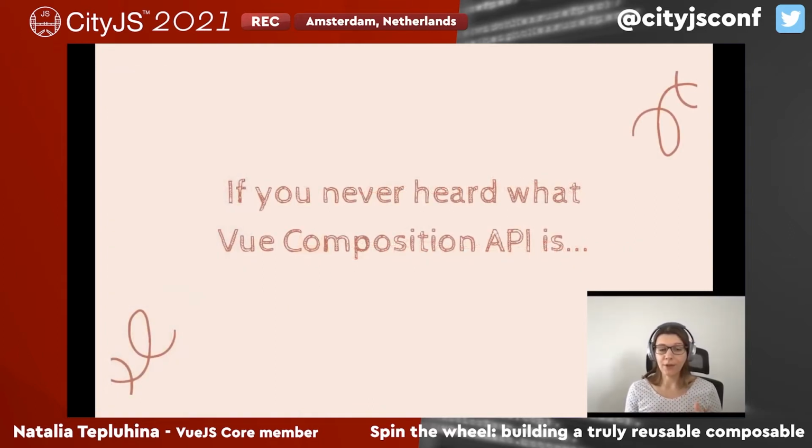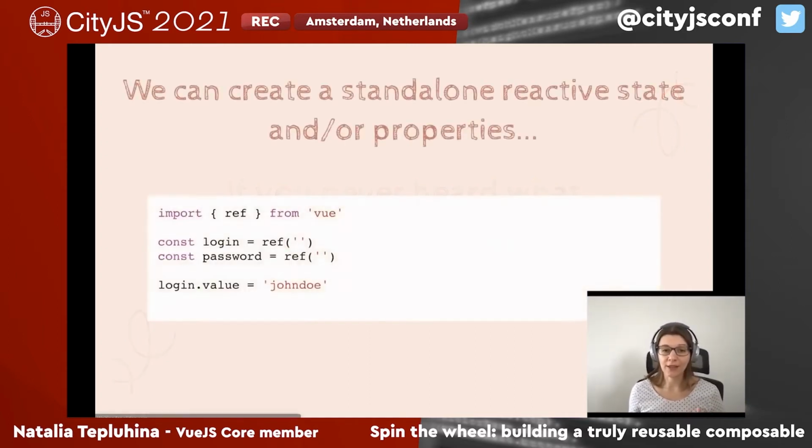If you happen to have never heard about what the Vue Composition API is, in a nutshell, this is a new API that allows us to create a standalone reactive state of properties outside of Vue components, because previously any reactive state was baked into Vue components or instances.